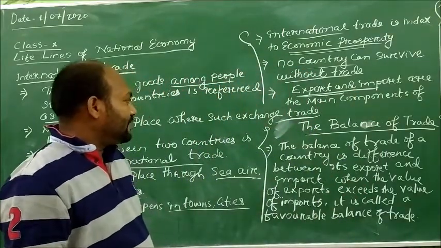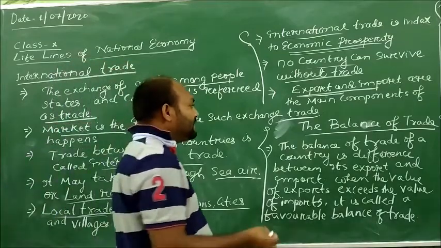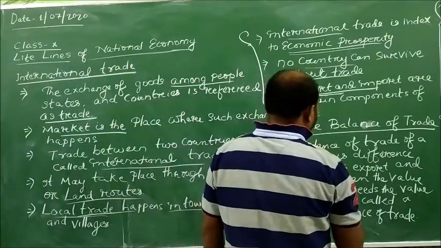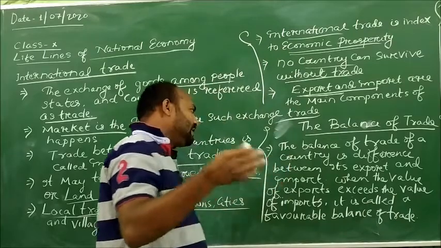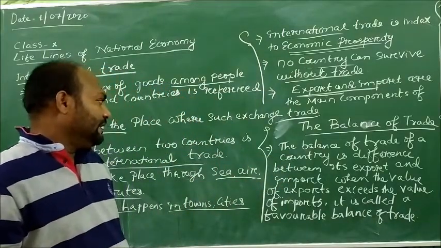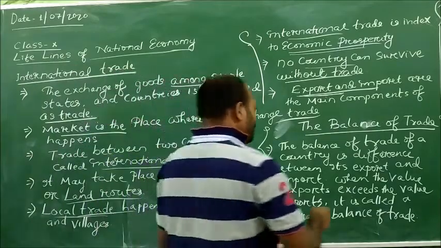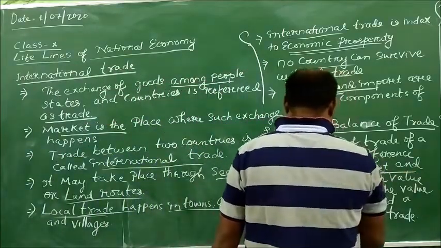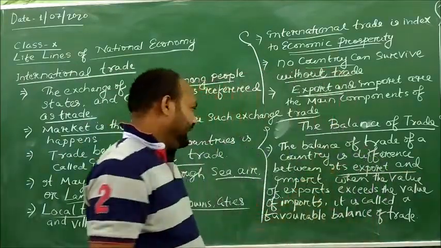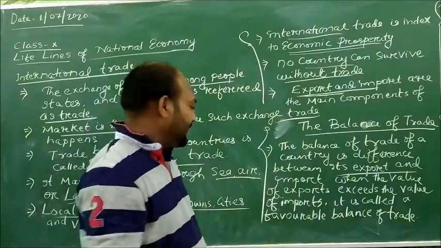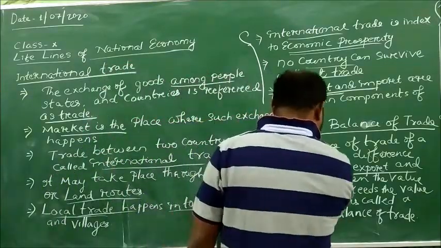Then right now we shall talk about the balance of trade. What is called the balance of trade? The balance of trade is the difference between exports and imports. So the balance of trade is the difference between export activities as well as import activities.